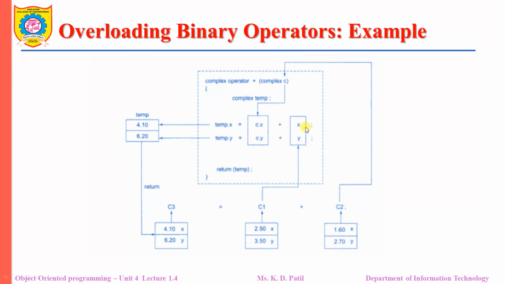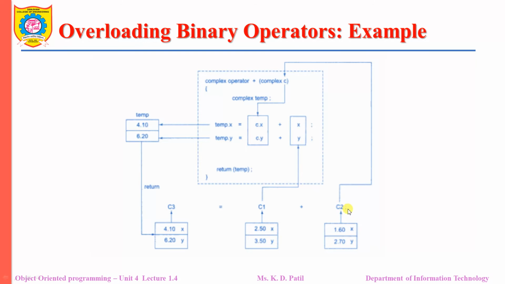We have not used any dot operator or any argument for accessing the values of C1, which is the object of my class. But the data members of C2, which is passed as an argument, are accessed using the dot operator.